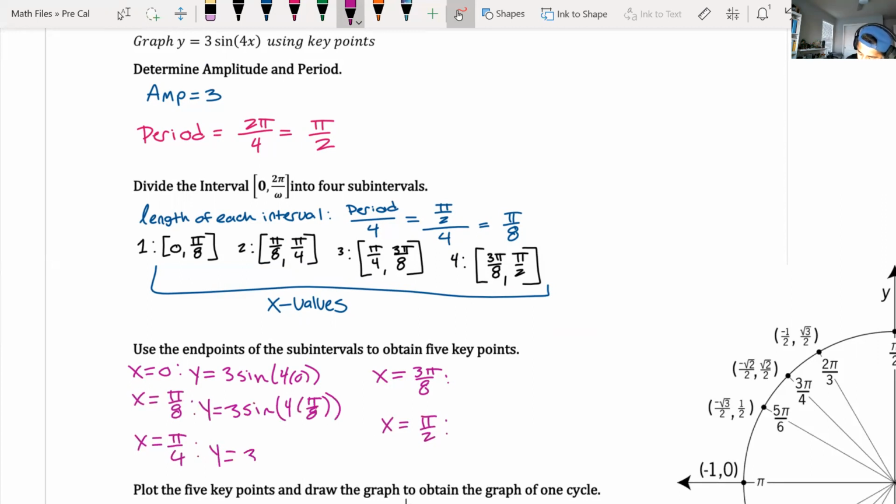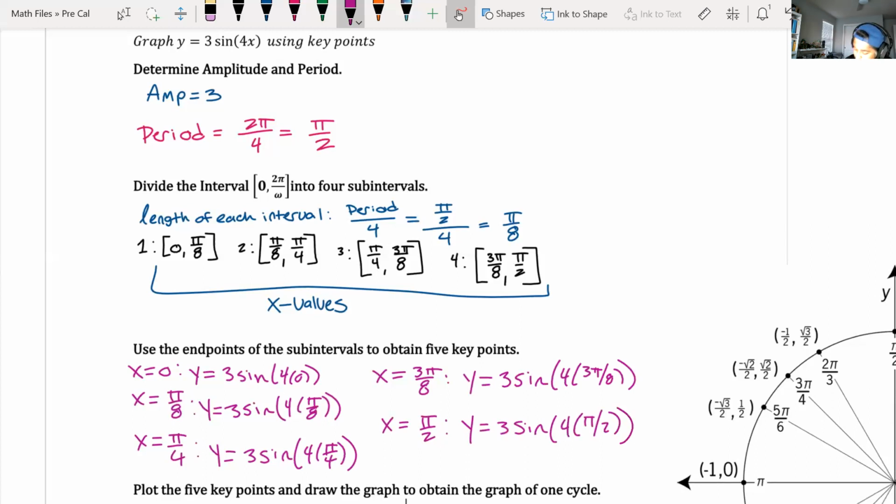Y equals 3 times the sine of 4 times pi over 4. Y equals 3 times the sine of 4 times 3 pi over 8. And y equals 3 times the sine of 4 times pi over 2.